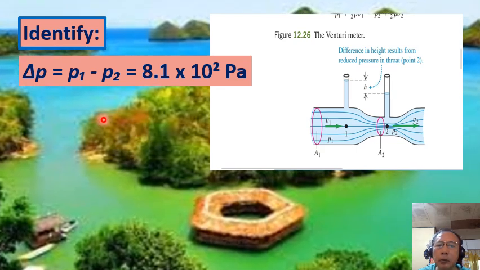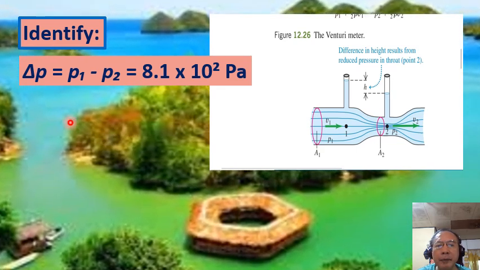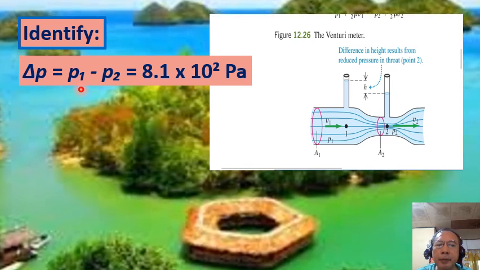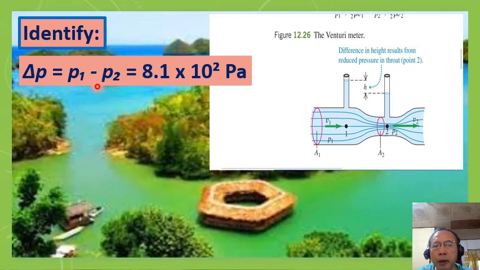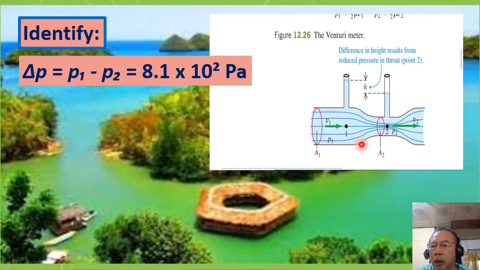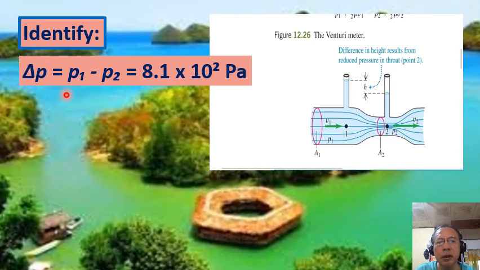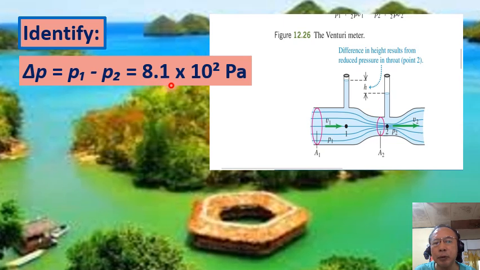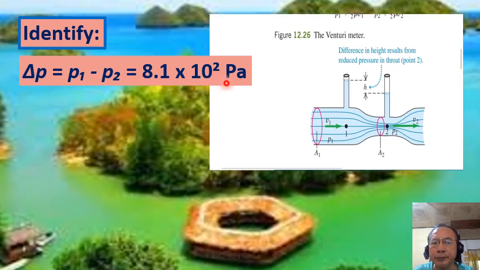Identifying the given quantities and the unknown variables, we have the pressure difference between P1, or the pressure at point 1, and the pressure at point 2. So we label the pressure difference as delta P, and it is given as 8.1 raised to the second power Pascal.